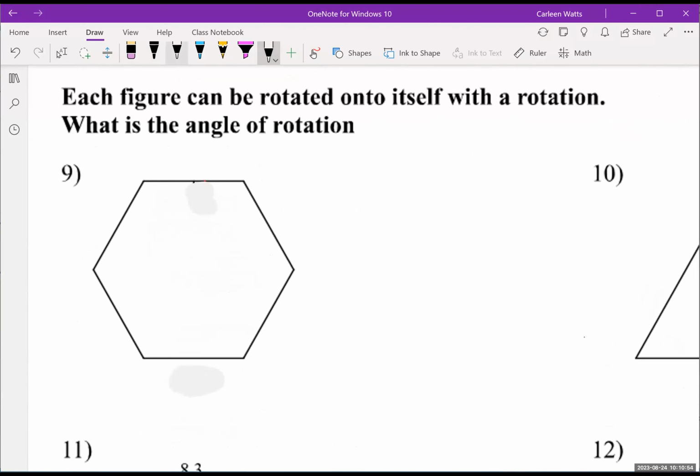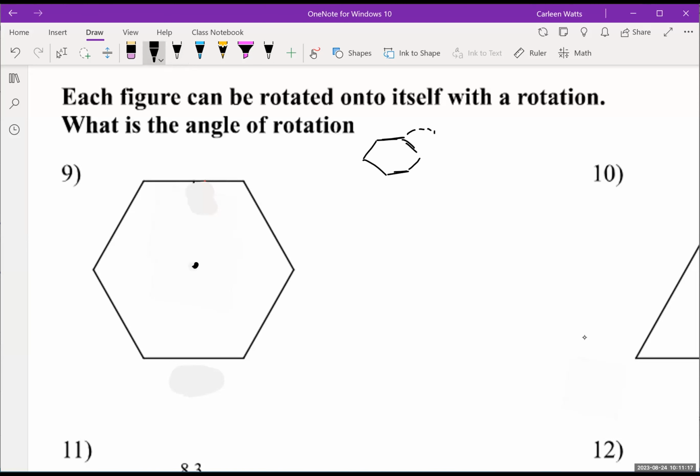You could tell I used other figures to change the problem. Each figure can be rotated onto itself with a rotation. If I put my pin here and rotated my paper, I could rotate it. Here's my hexagon, very beautifully drawn.